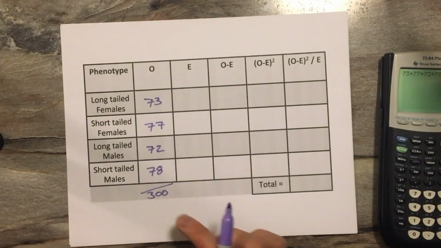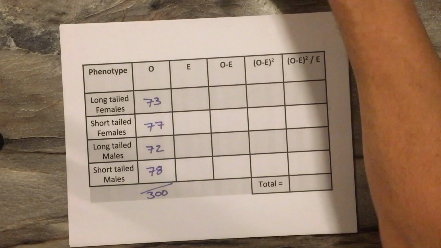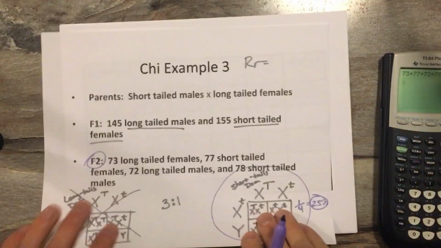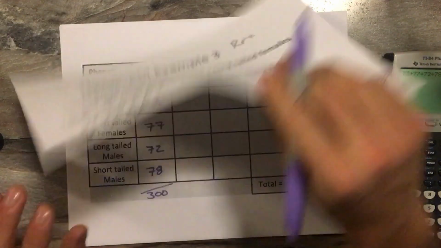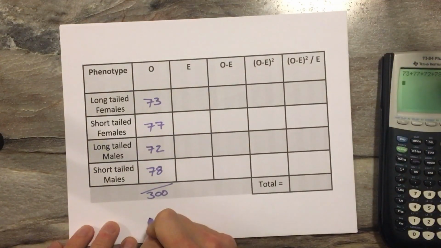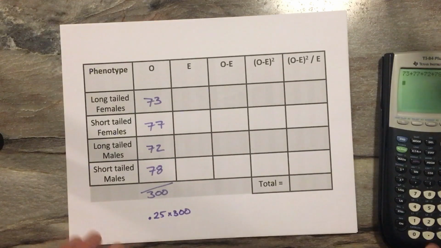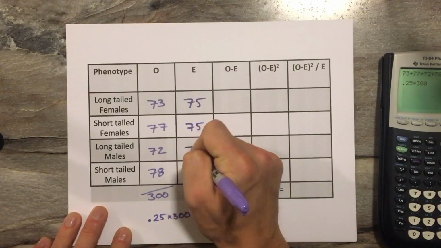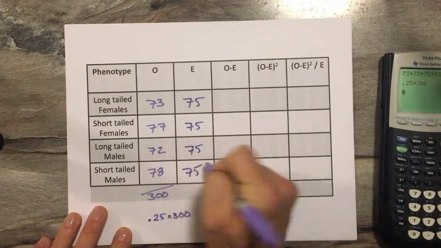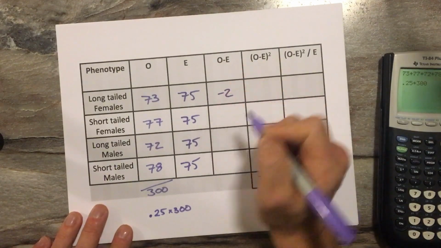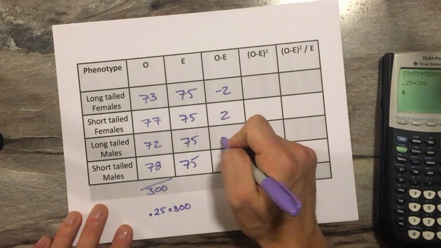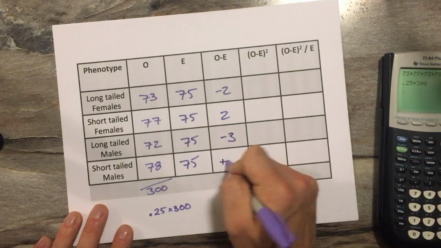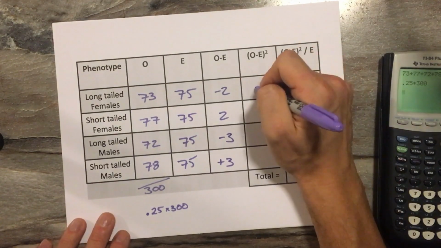Now, to get the expected, since we have our total, and we know each one of these from our previous page is going to be 25%, we're just going to take our 0.25 times 300, and we get 75 for each one. Okay. Subtract, we get -2 there, +2, we get -3, and +3. Square all those numbers.